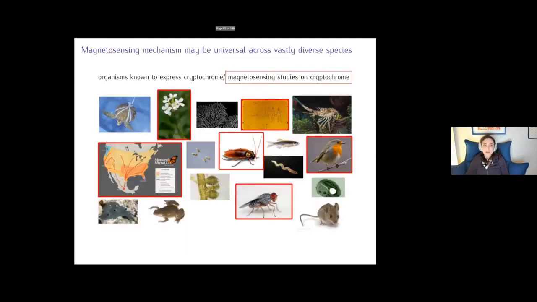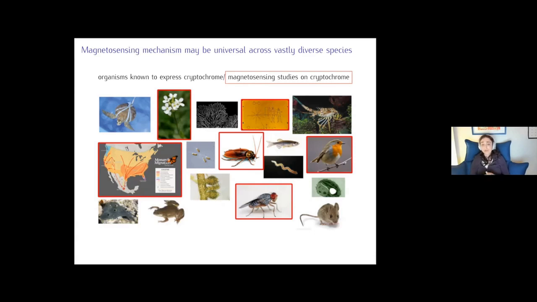Okay, and it turns out that beyond birds there are many organisms that seem to be magnetosensing via ways that seem to depend on cryptochrome. First of all, cryptochrome is absolutely universal across the tree of life, from microbes to humans, to plants, to reptiles, to birds.